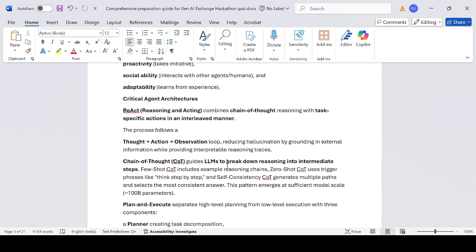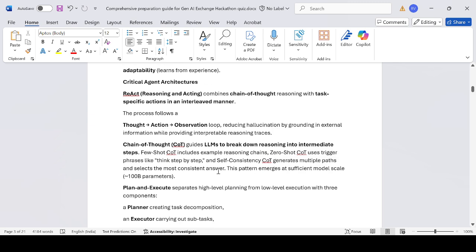And then self-consistency: COT generates multiple paths, selects among them, and always picks the most consistent answer, emerging as a sufficient tool up to 100 billion parameters.